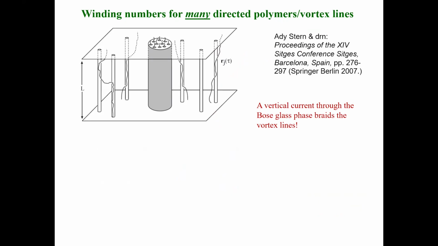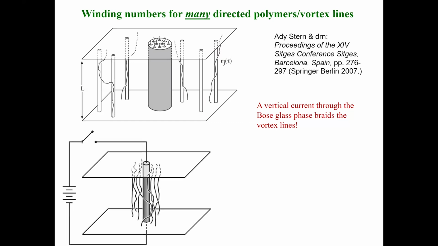Now, this barrier is a well-pinned type 2 superconductor, so it's going to conduct a current with no dissipation. So I can just tune up a current and redo the problem and try to see what happens. So, no current. What do you think is going to happen when I turn on the current?